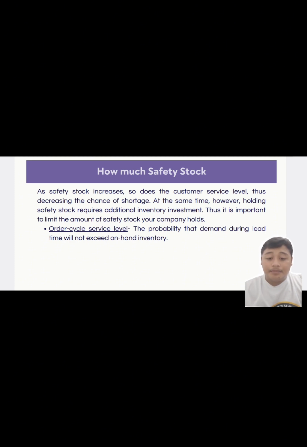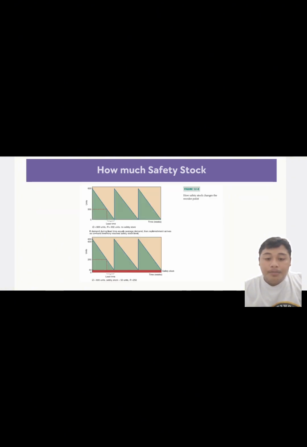The formula is target inventory equals average period demand in units times review period plus lead time, plus safety stock in units.